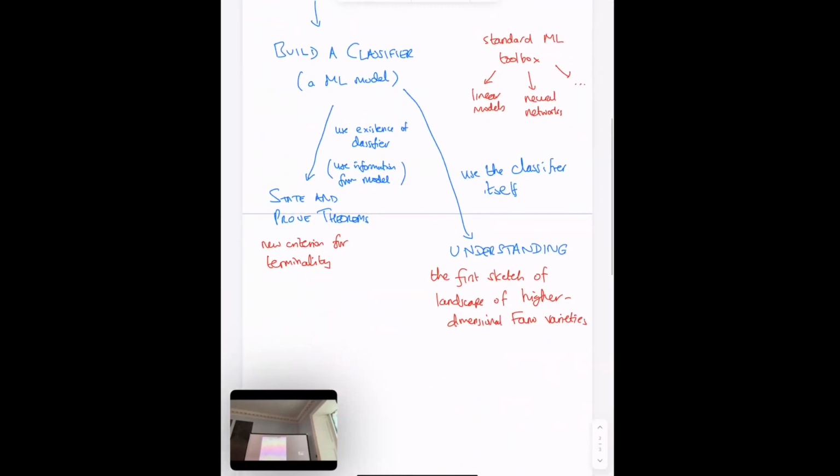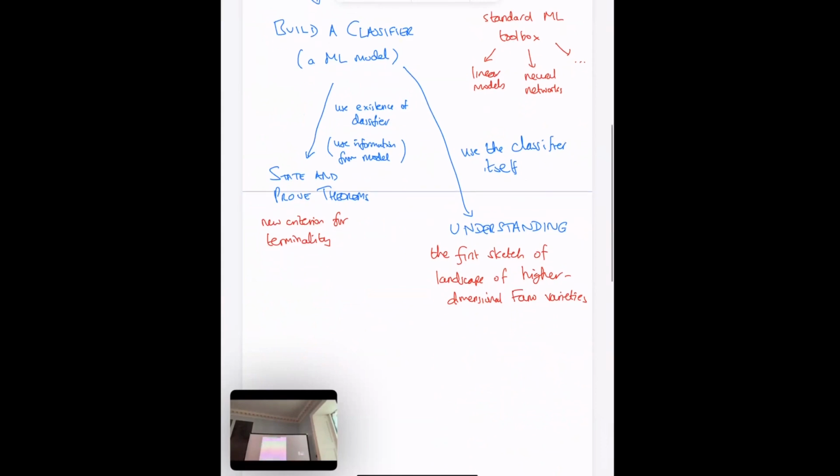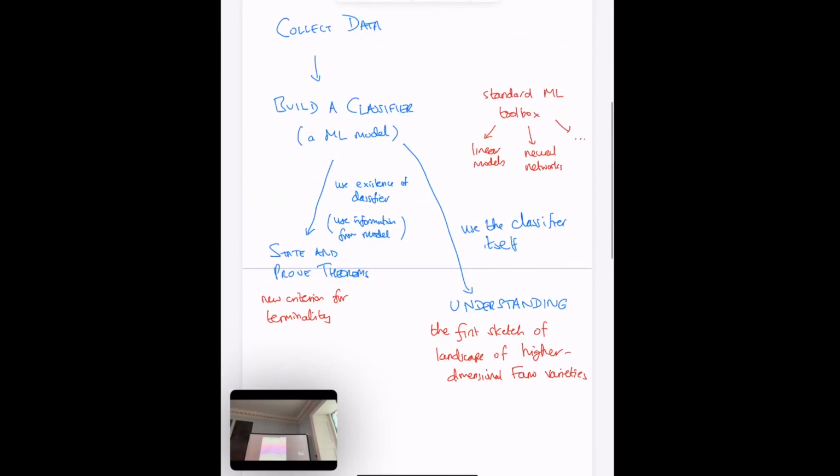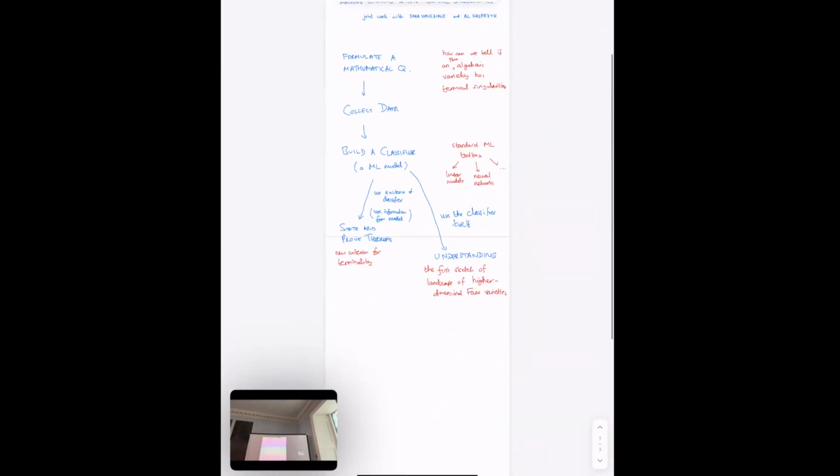And the output is going to be firstly a new theorem, and secondly, the first sketch of the landscape of higher dimensional Q-Fano varieties, so Fano varieties in dimension 8. I'm going to come back and say more about all of this, but this is the first breakthrough work here, along similar lines.